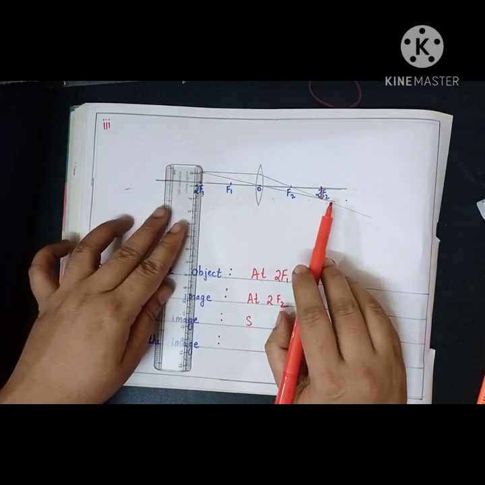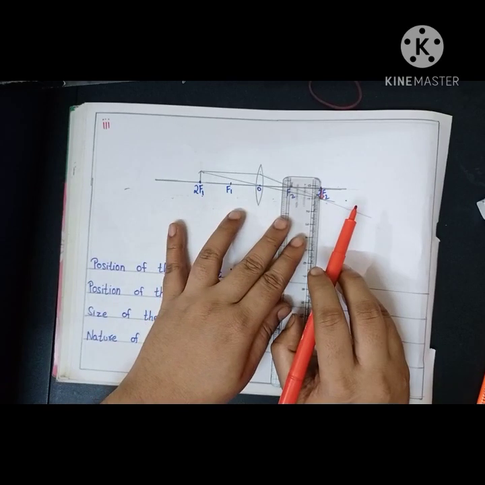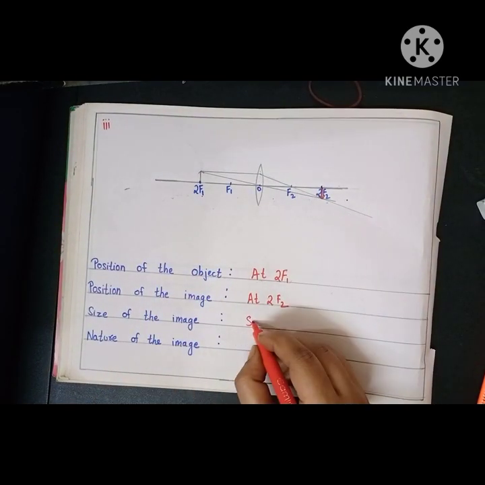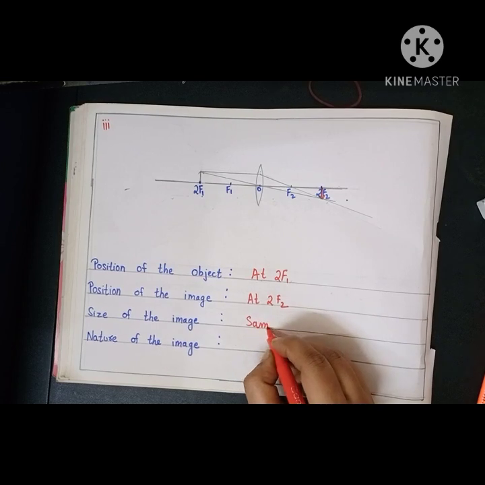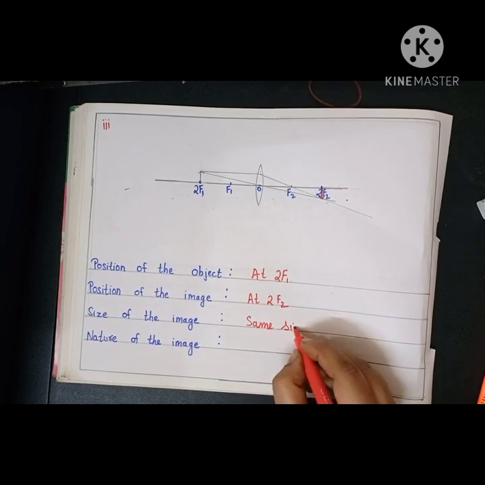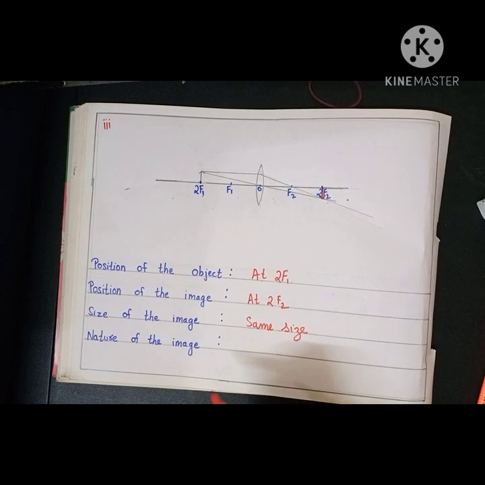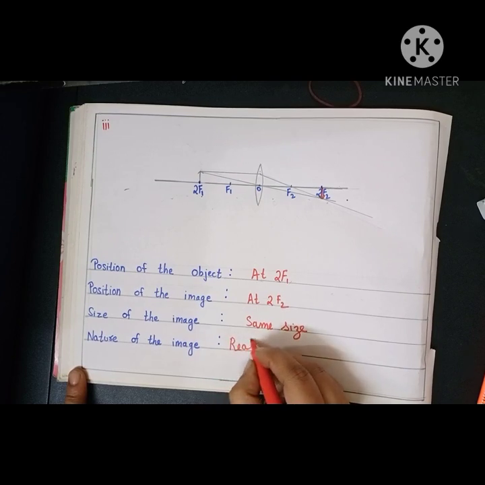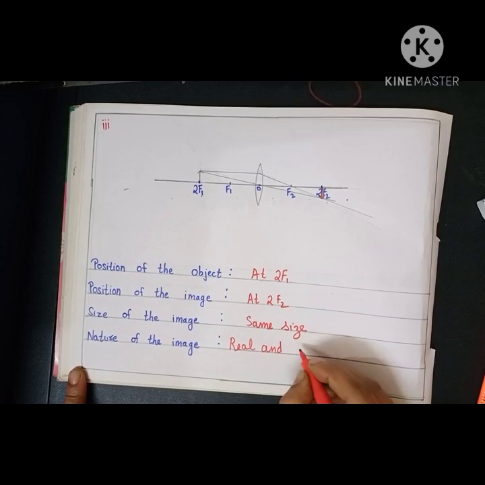When you will compare, it is approx of same size, 1 centimeter. So you will write size of the image is same size. What is nature of the image? We have already studied the nature of the image for convex lenses, real and inverted.